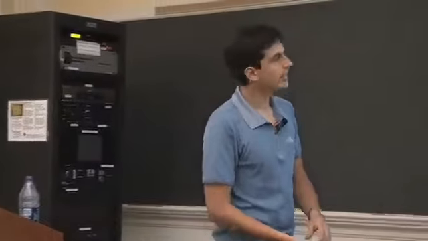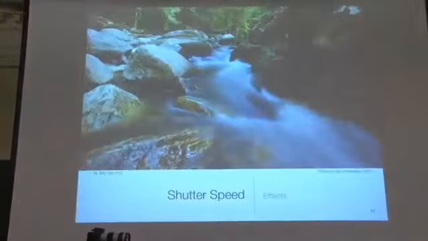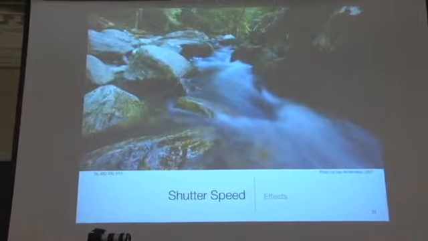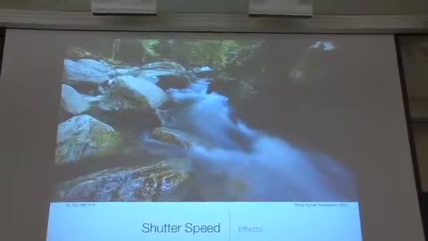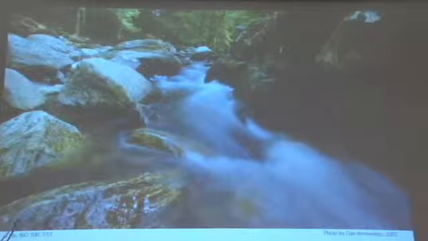So getting some motion in the frame can actually be very visually interesting. For example, you can get a very milky white stream of water. And so in this case, I wish that I had been able to capture a longer shutter speed, but as you can imagine, this shutter speed was only 2 seconds.